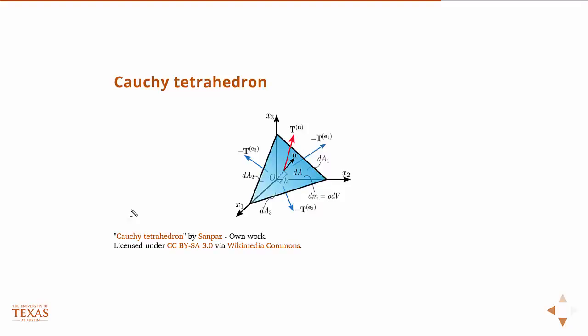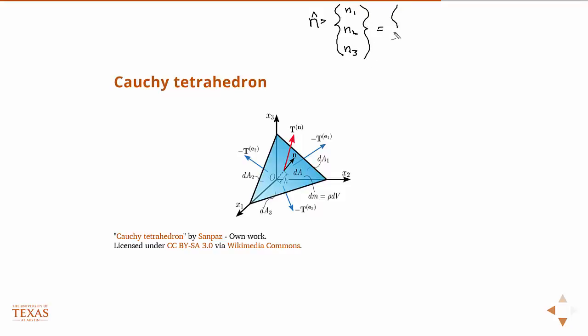A couple of things. We have this unit vector n here. n is made up of components n1, n2, n3.